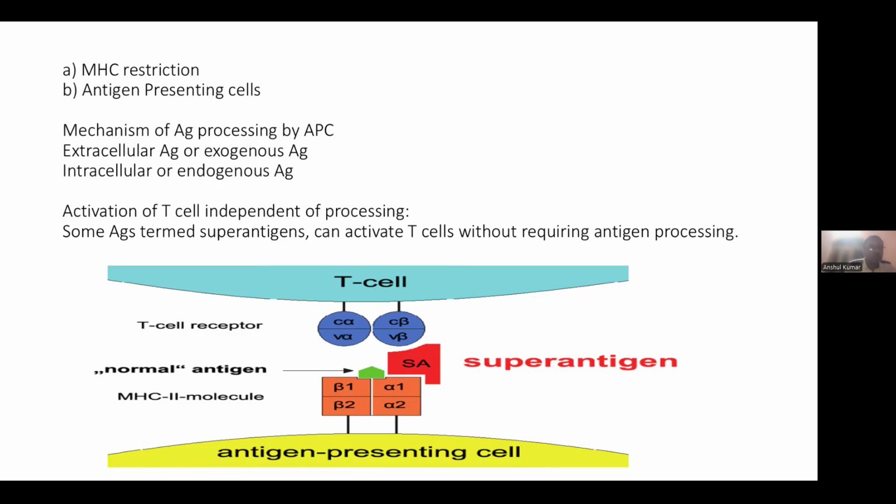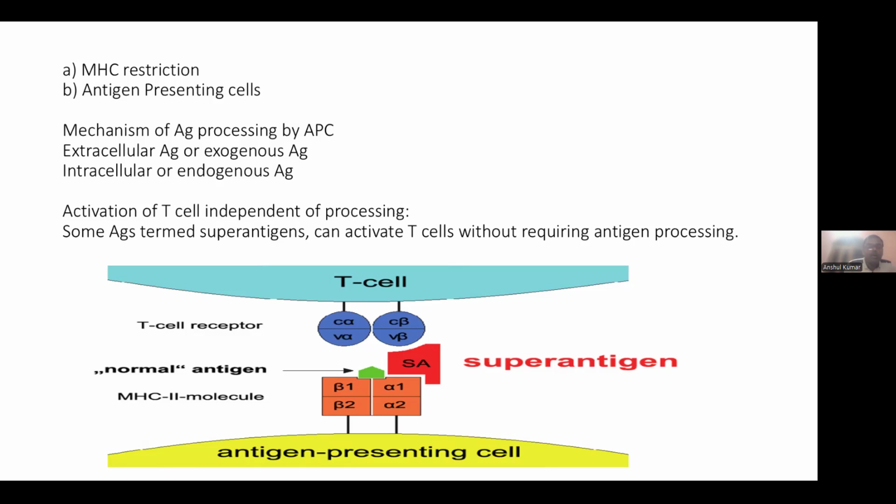Whereas intracellular or endogenous antigens are such as viral proteins and bacteria that replicate in the cytosol. Here the antigen is cleaved enzymatically by proteasomes to peptide fragments which bind to MHC class I molecules. So here we can see the important difference between endogenous and exogenous antigens.